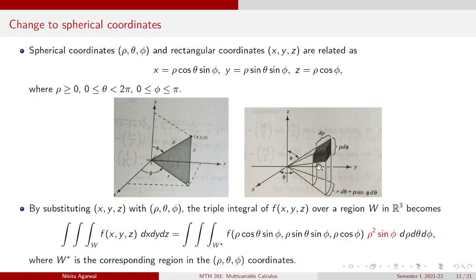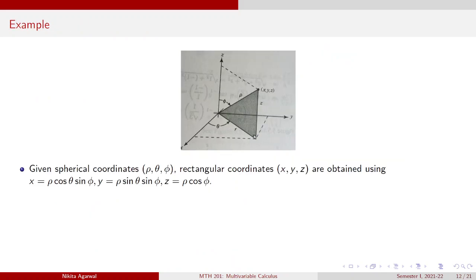So you get a box whose sides are d rho, rho d phi and rho sin phi d theta. If you multiply all of this, you get rho square sin phi d rho d theta d phi. That is the rationale behind this extra term. Okay. Let us look at a few examples.